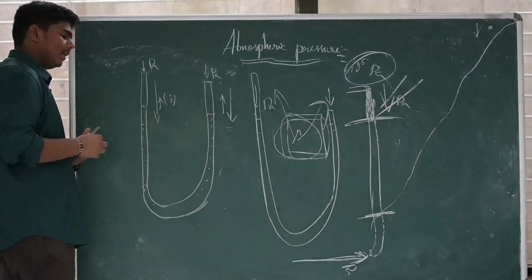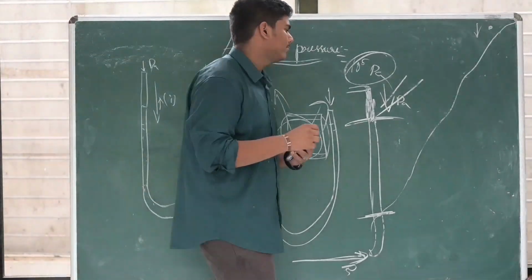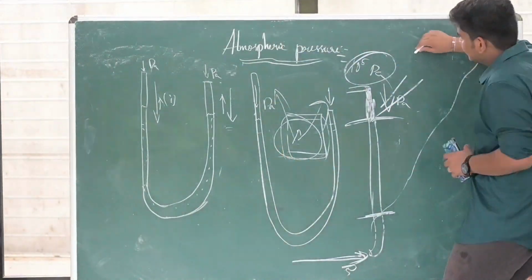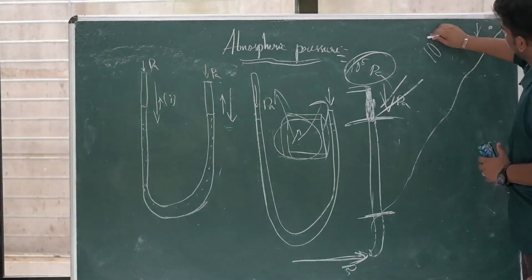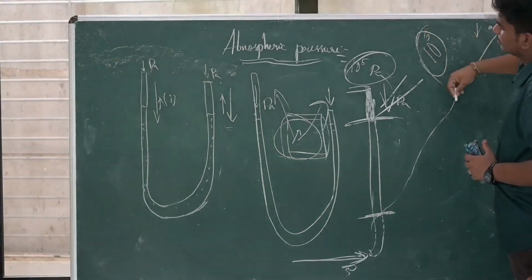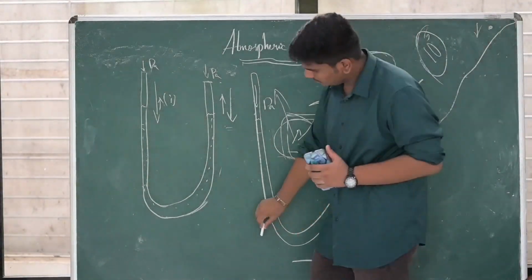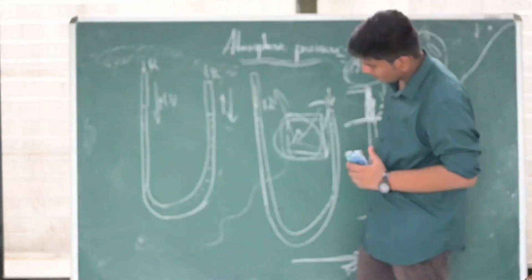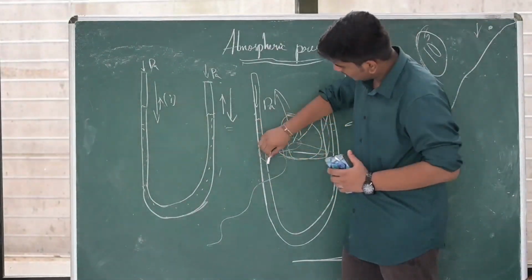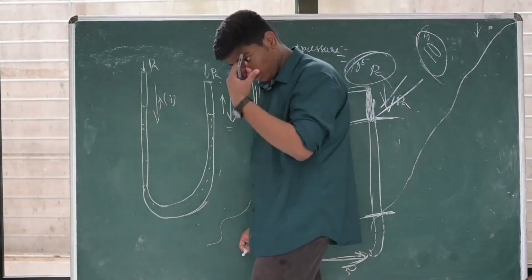And why do people have ear pains in aeroplane? The same phenomenon. Why? Inside your body there is almost equivalent to 10 power 5 pascals atmospheric pressure, and as you go above and above, or in the mountains or flying in the skies, what will happen?